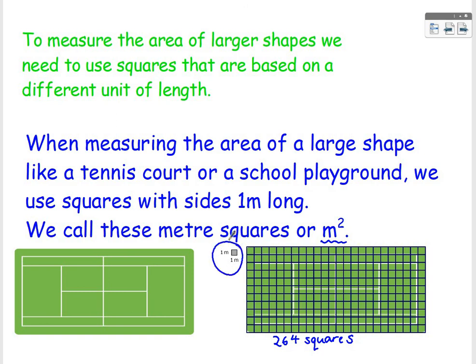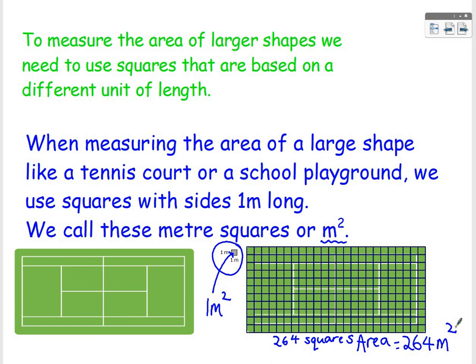So every one square has a total area of 1 metre squared. So the area of my tennis courts would be equal to 264 metres squared.